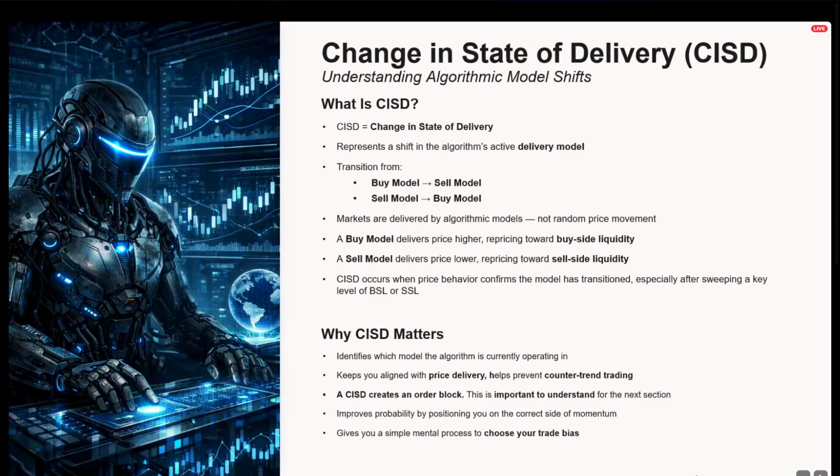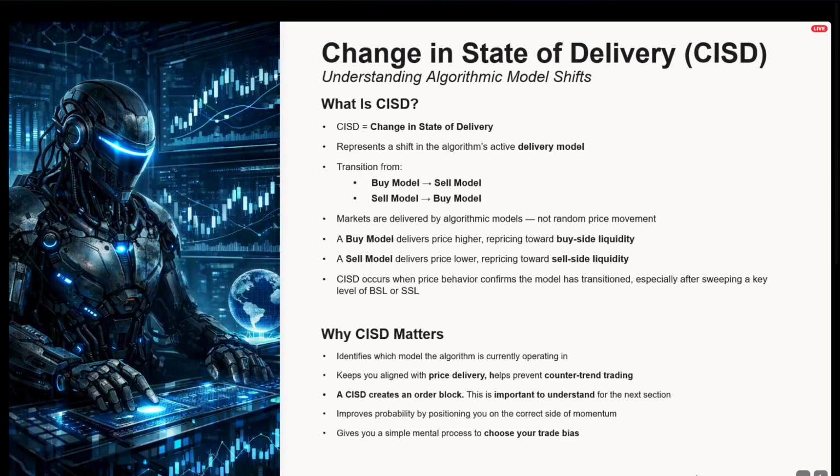It would behoove you in your trading to only start looking for changes in the state of delivery after a liquidity level has been swept. If you have something that's intraday, there's a good chance you're dealing with chop. After a session liquidity level has been swept, or a daily, 4-hour or weekly liquidity level, that is when you're going to see the most clear changes in state of delivery.